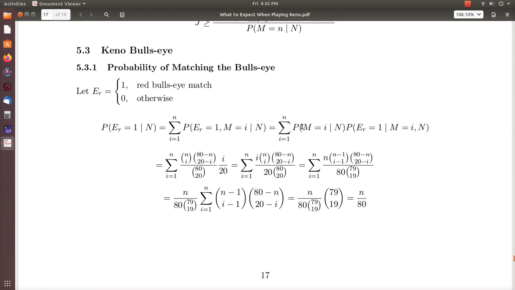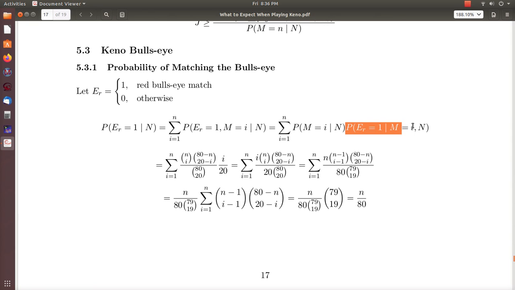And then conditional probability, we can rewrite it like this. Now this first probability we looked at in Keno Part 1, and it's the hypergeometric distribution. There's also a different form of that in our derivations, which is this ratio here. So this isn't the hypergeometric form, but it's equivalent to it.